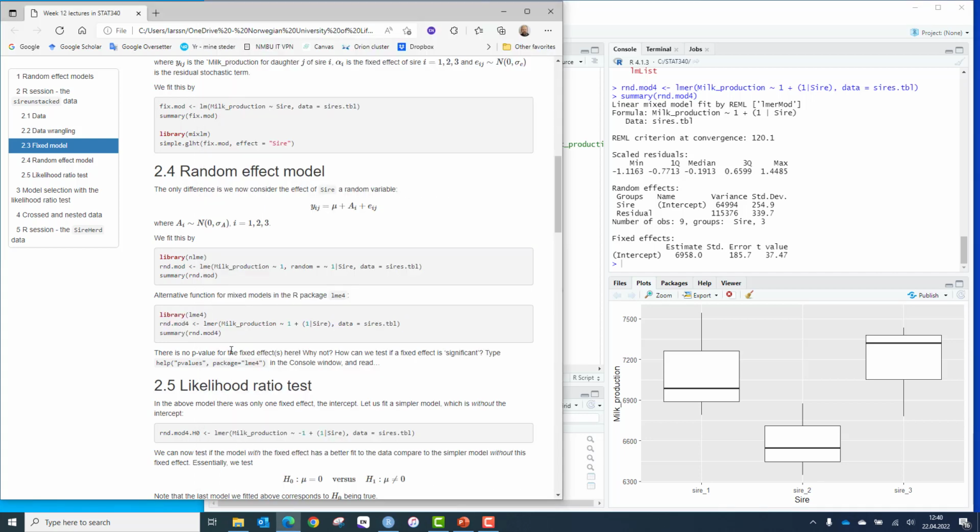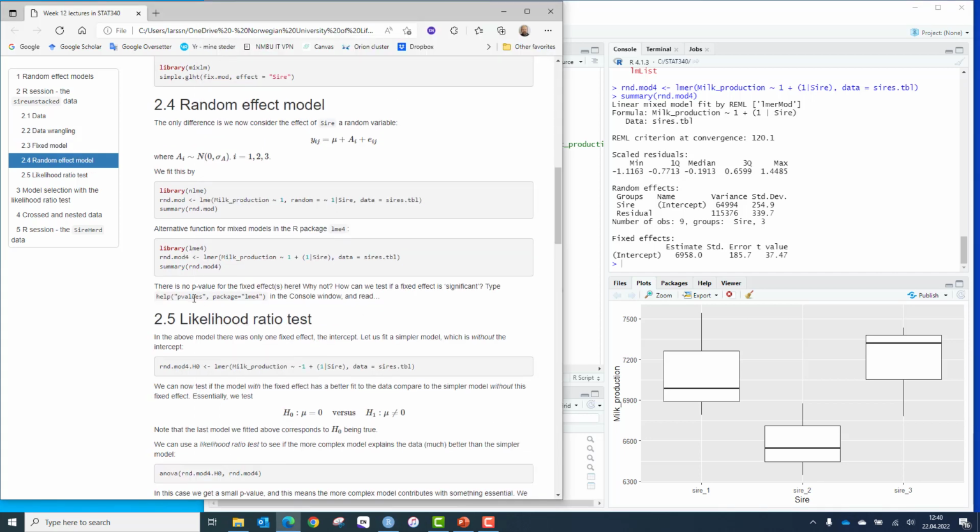There are some reasons for that, and you can actually look up the R package and type help p-values package, and then you will come to a help page that explains a little bit why there are no p-values here. Because actually computing p-values for mixed models is not as straightforward as it might sound.